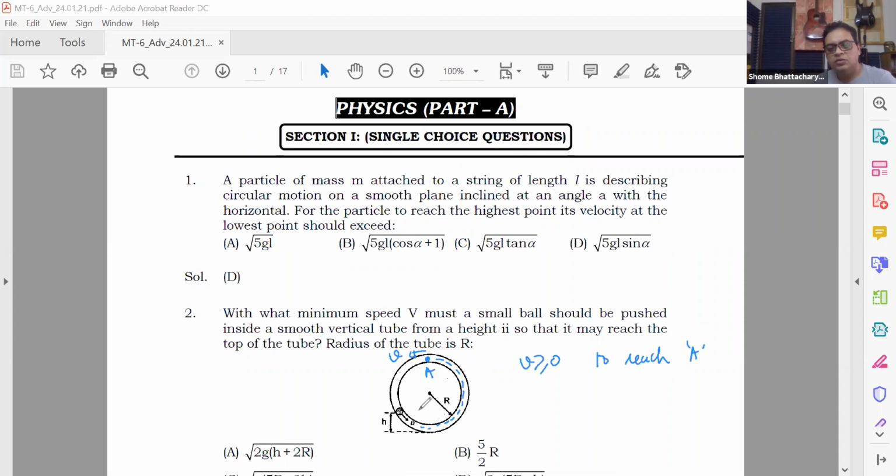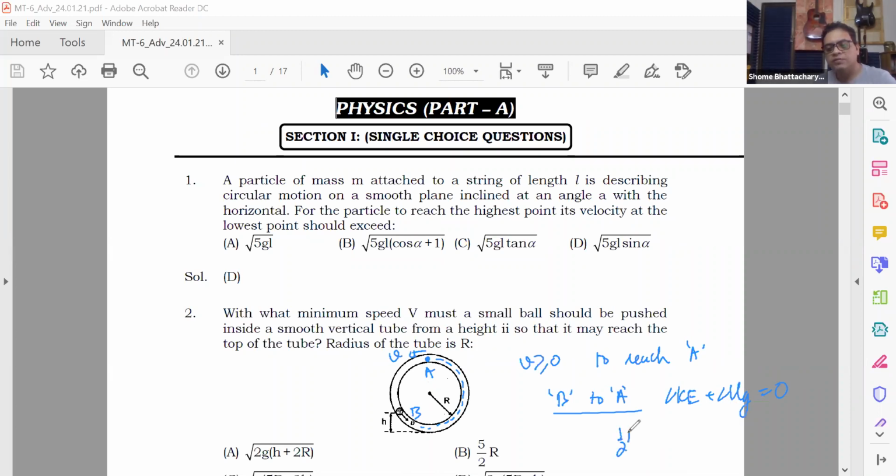Okay. So from this point, let's say B to A, you apply conservation of mechanical energy. Change in kinetic energy plus change in gravitational potential energy should be 0 because there is no friction. And the normal reaction does not do any work.